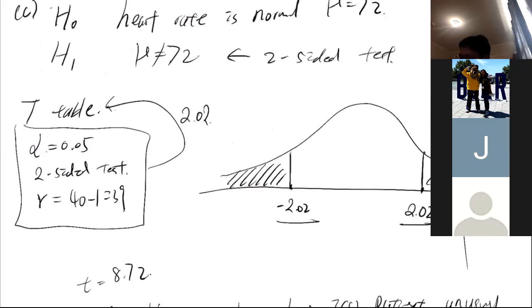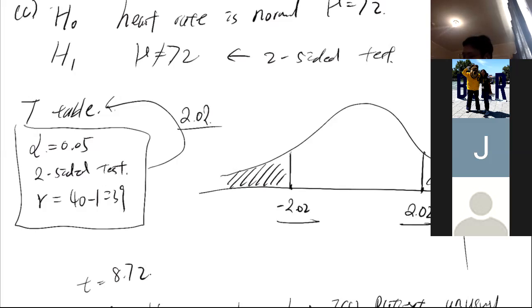The 2.02 comes from looking at the t table. I don't know if Professor Sankova provided you a t table or not. If not, you can just look it up online. When I look up a t table, the first thing that comes out is a PDF of a t table that shows you the degree of freedom and the significance level, and whether it's one tail or two tails.